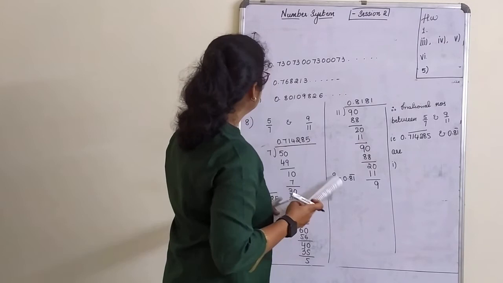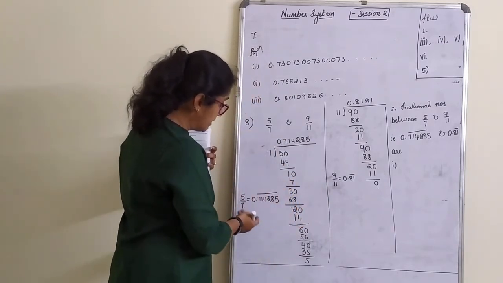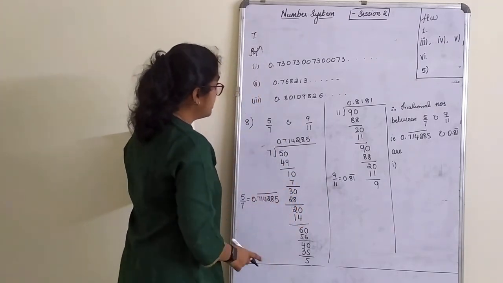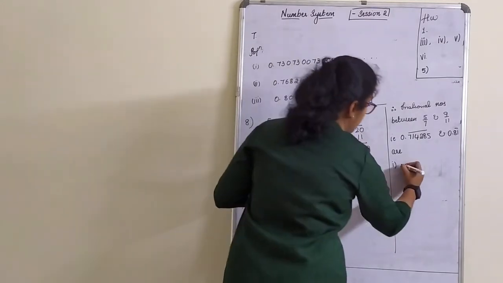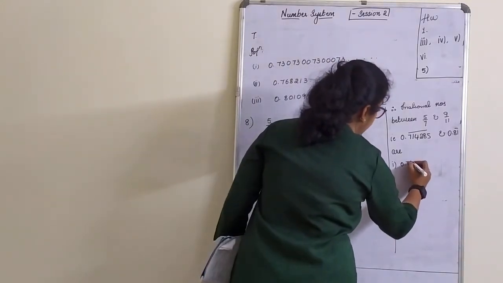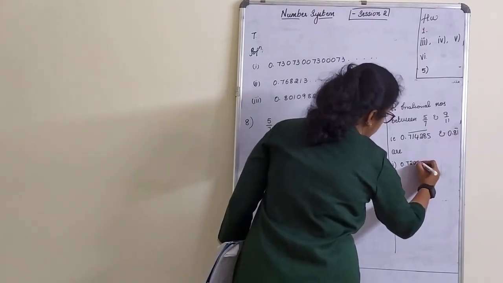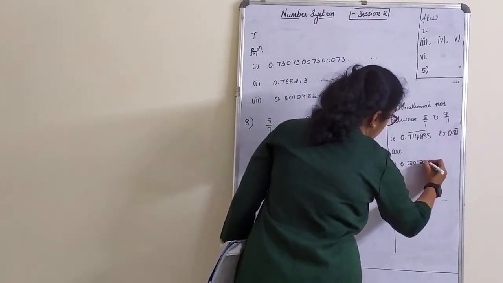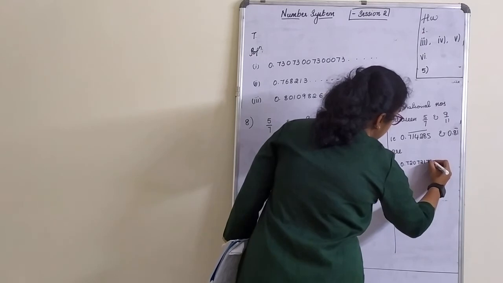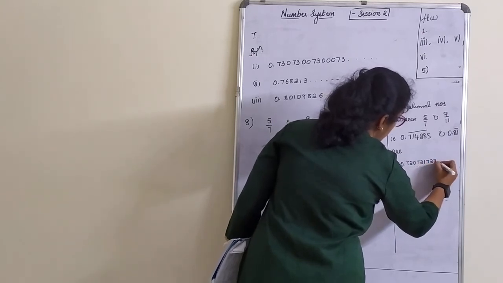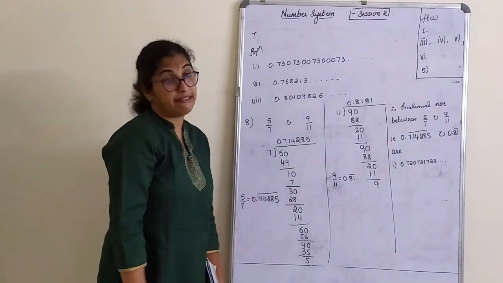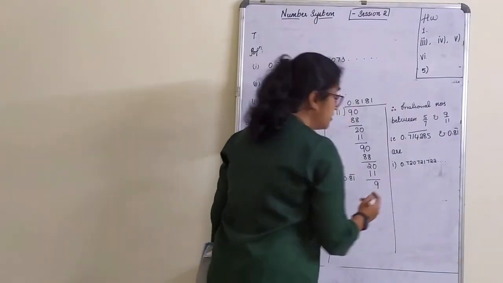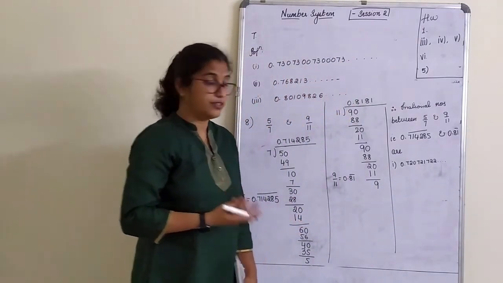First one, how do we frame the irrational numbers between these? We can frame anything. 0.71 is there, right? 0.71 and 0.81, one number. Again children, your answer can differ here.